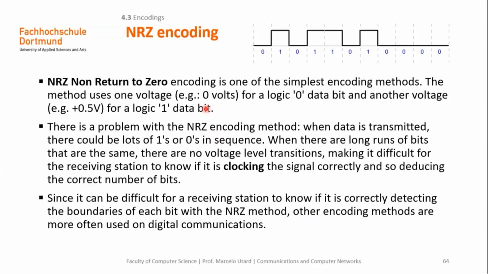Then, in the case of non-return to zero encoding, here we have typically a bit stream. The NRZ encoding is one of the simplest encoding methods. The method uses one voltage for logical zero, for example, 0 volts, and another voltage, for instance, plus 0.5 volts for a logic 1 data bit.